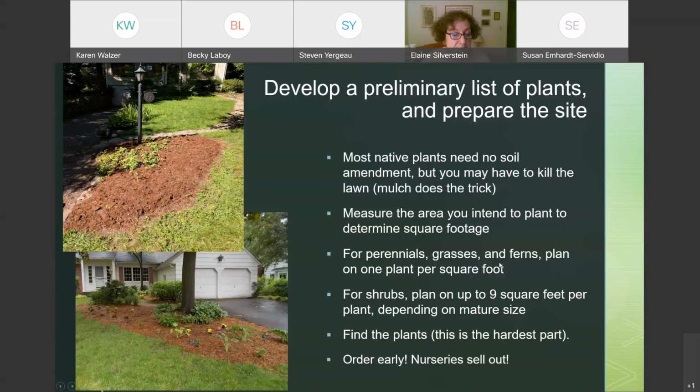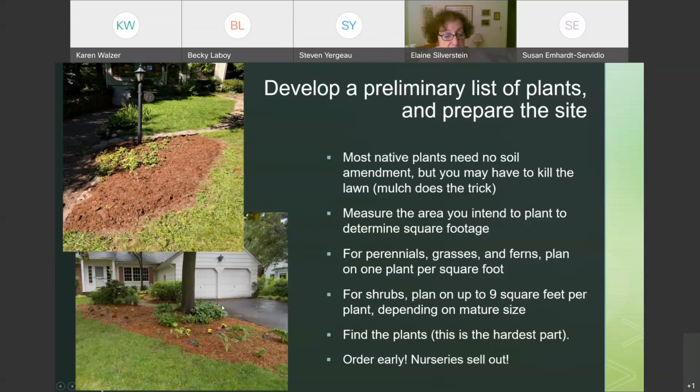This was a project that I did with a friend, because she told me, my lawn looks terrible. They keep reseeding my lawn and it looks terrible. Well, the reason it looked terrible was she had these tall trees and she had shade, and grass doesn't grow in shade. So we just put down some mulch. I think we did it in summer. You can see this was the original size of the planting around the tree.